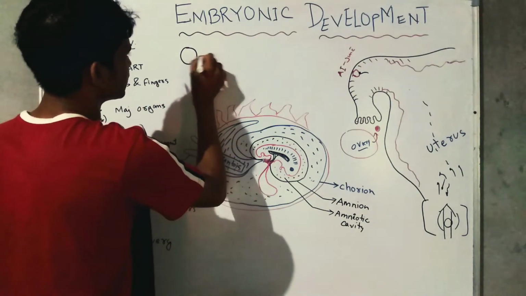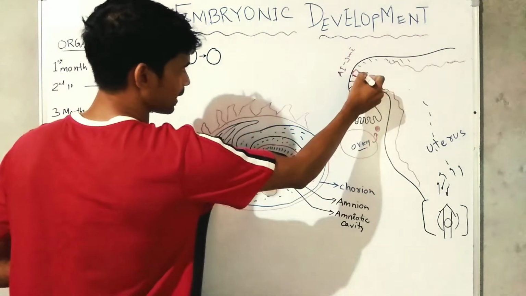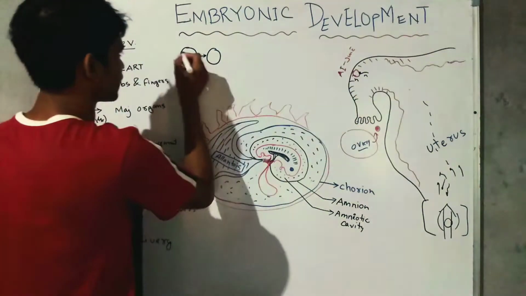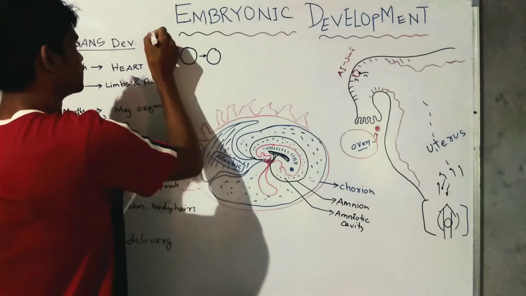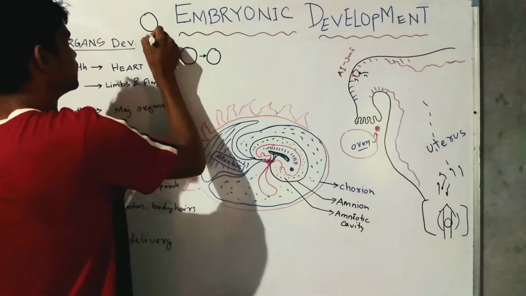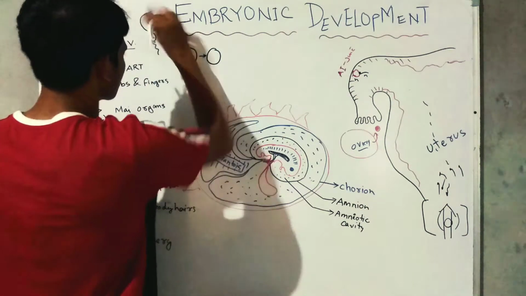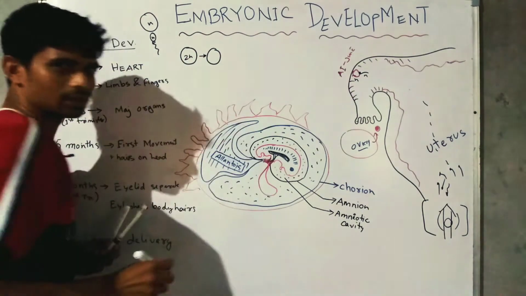Here, this is the sperm cell with N chromosomes, and this is the egg cell with N chromosomes. After fertilization it will be twice N.